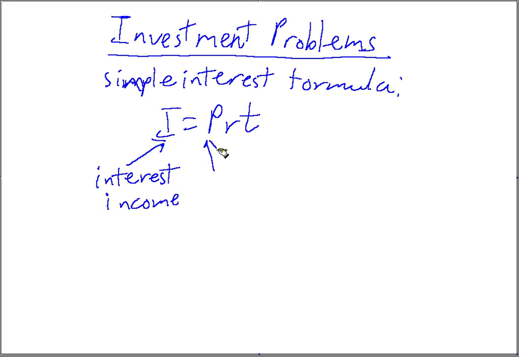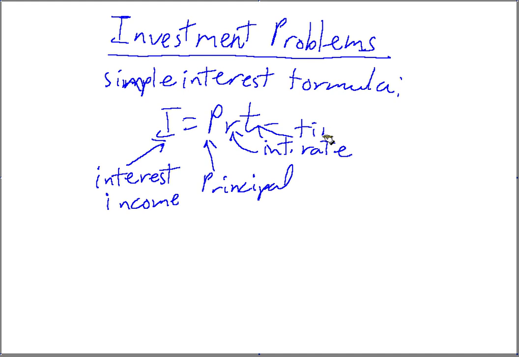All right, P is the principal. R is the interest rate. And T is the time of investment.